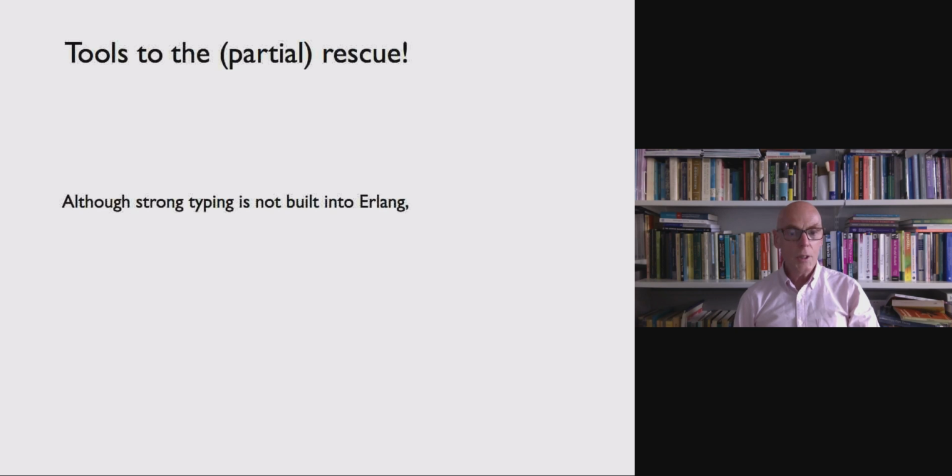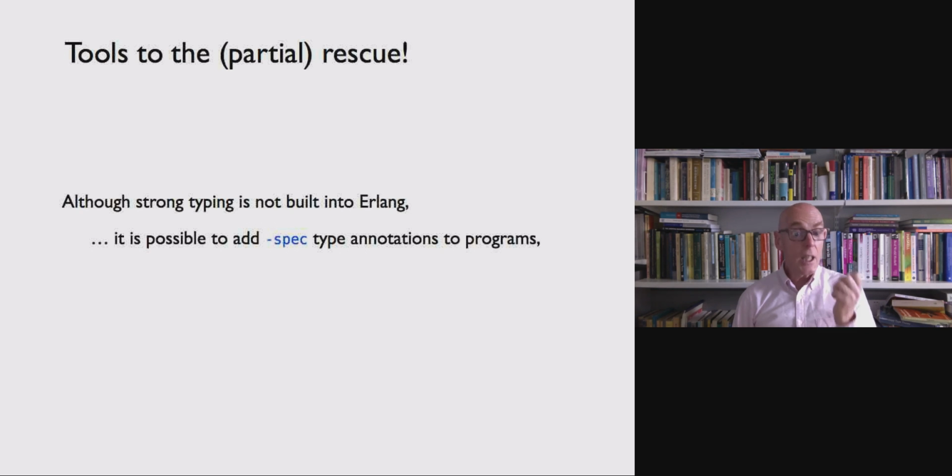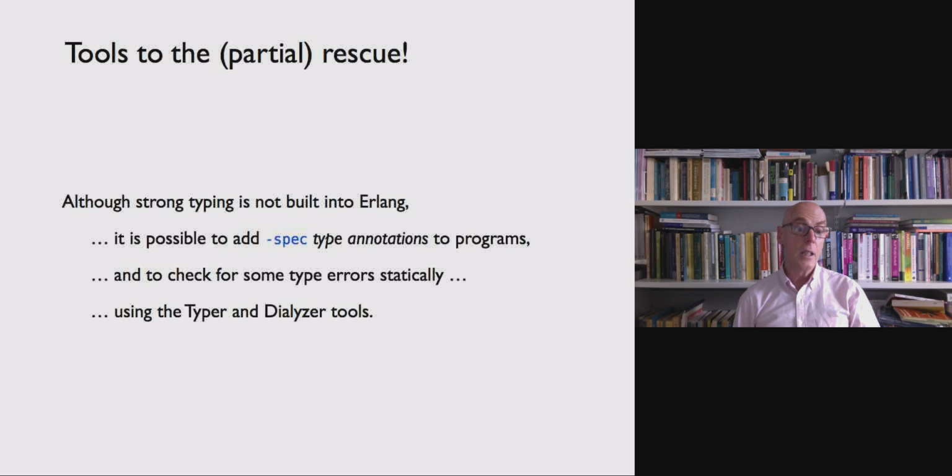So what can we do to try and help? Well, the answer is that we can use some tools to come to the rescue, or at least partially. Erlang isn't strongly typed, and we'll say a bit about this when we get to an example a bit later on. So, although it isn't built in, it's possible to add type annotations to programs, specifications, and it's possible to check for some type errors statically.